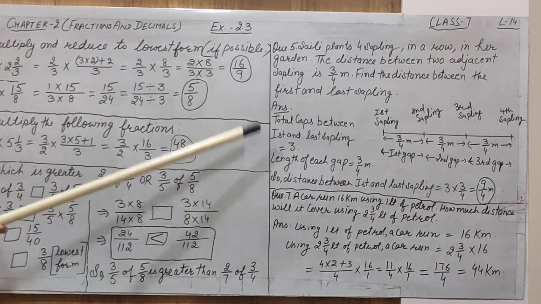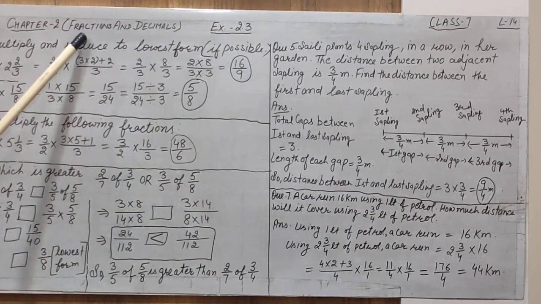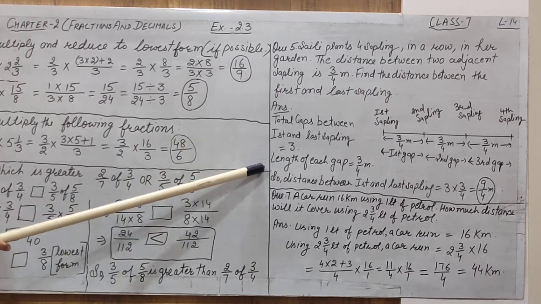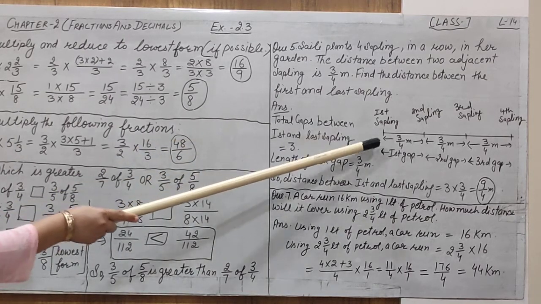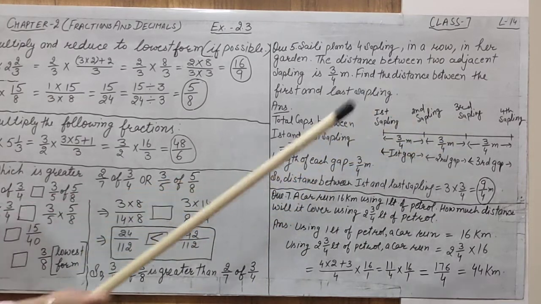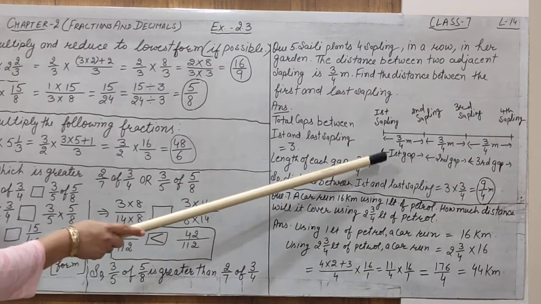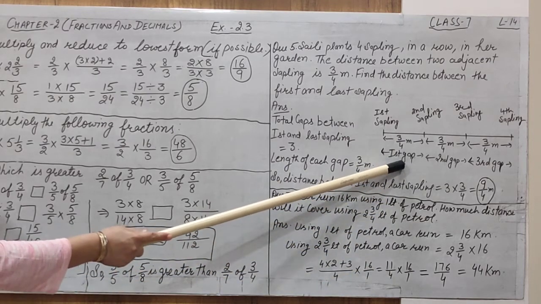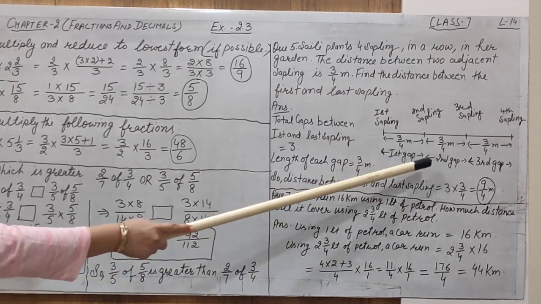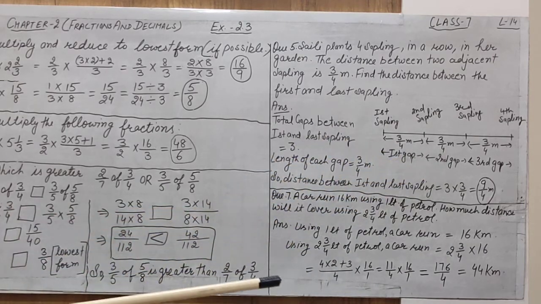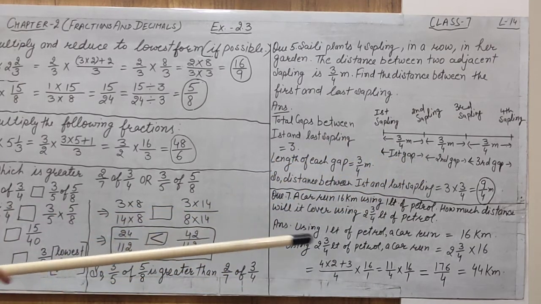Now let us understand how the multiplication of fractions is used to solve such statement based questions. I hope from the diagram you understand very well that in a row there are 4 saplings of the plant and the gaps between the saplings are similar, that is 3 by 4 meter. This is the first gap, the distance between the first and second sapling. This is the second gap, between the second and third sapling.